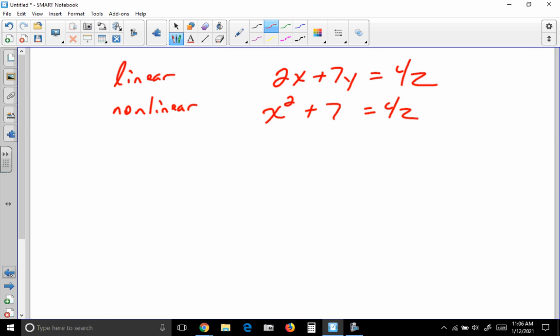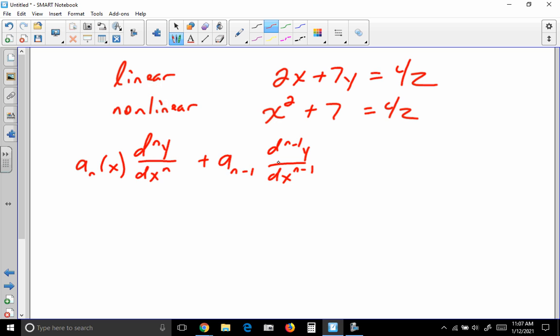So they write out, we have some coefficient and then some derivative of y with respect to x, and then we have the next lower derivative of y with respect to x, and so forth.